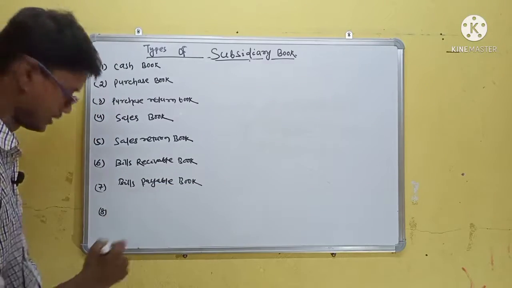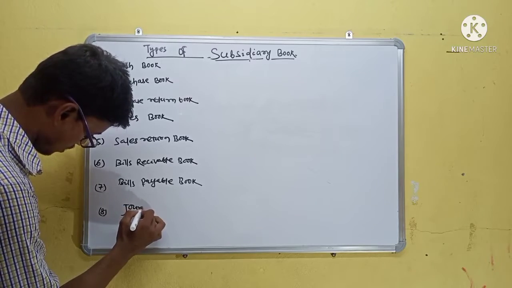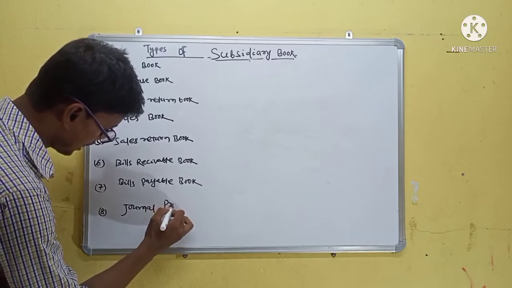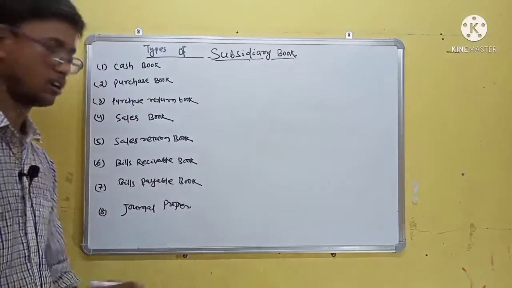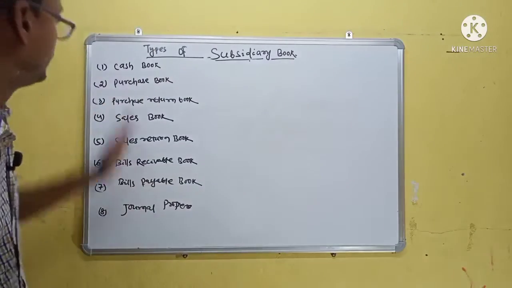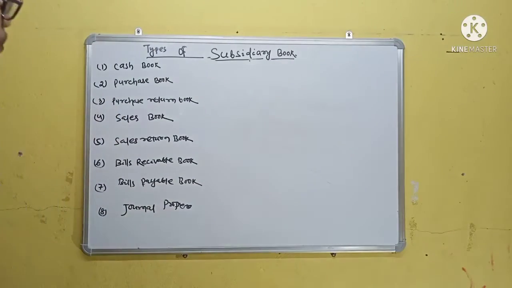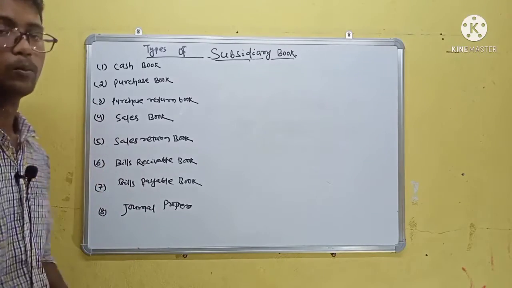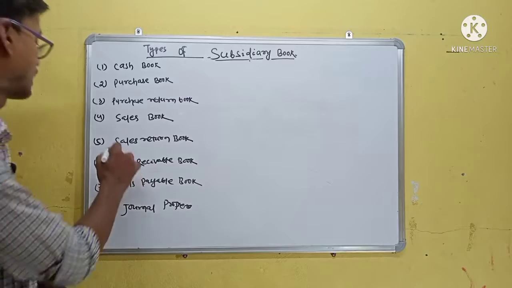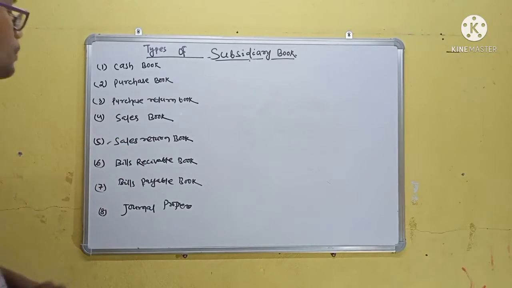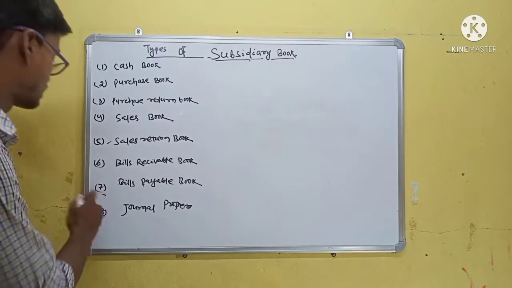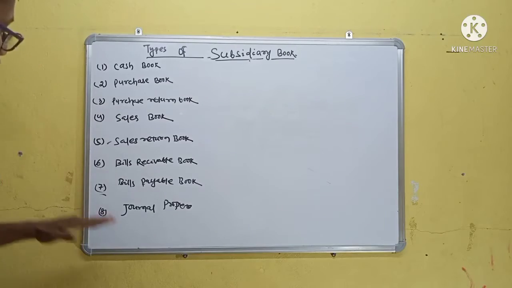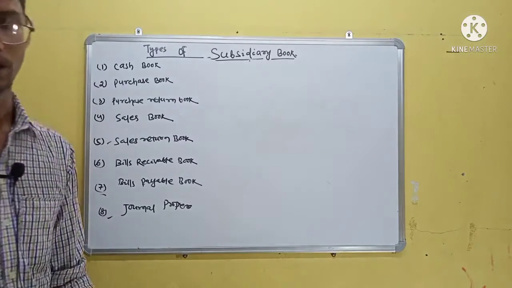And last, eighth, journal proper. These are the types of subsidiary book. First is cash book, second purchase book, third purchase return book, fourth sales book, fifth sales return book, sixth bills receivable book, seventh bills payable book, and last is the journal proper.